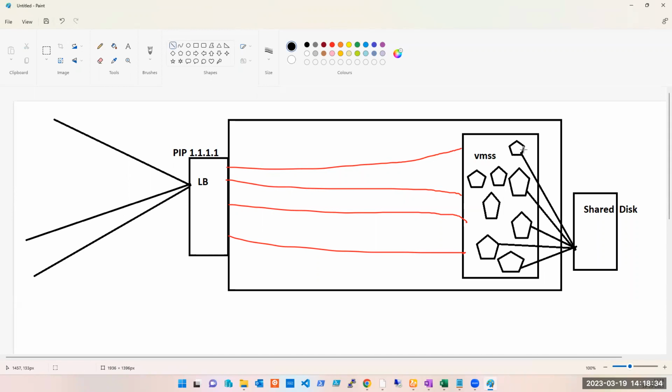So no matter if one machine is increasing, or after the load has come down one machine is decreasing, it doesn't matter, your data is always here. Is it clear, guys?